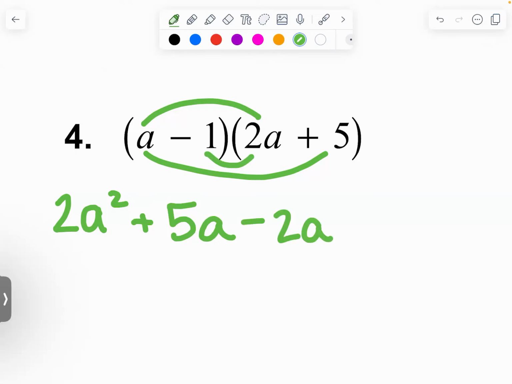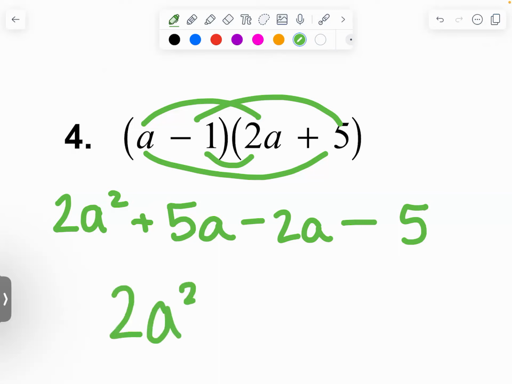Minus 2A. And then DJ, what's our last product? Minus 5. So our product of A minus 1 times 2A plus 5 is 2A squared minus 3A, plus 3A minus 5.